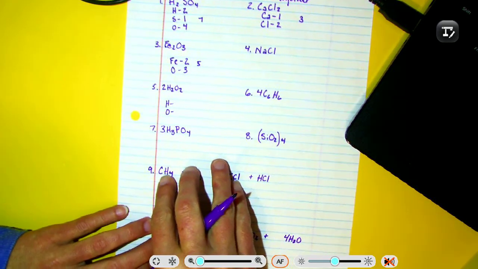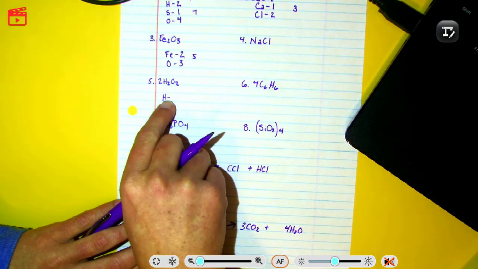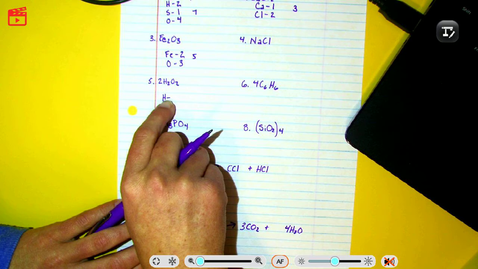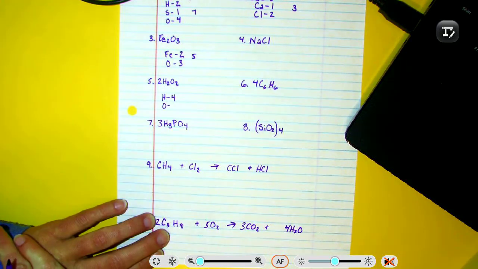All right? So on this one right here, let's solve for hydrogen, this first one. What is the coefficient of hydrogen? It's 2. What is its subscript? It's also 2. So we would do 2 times 2, which would be 4. So in 2 molecules of this H2O2, I have 4 atoms of hydrogen.